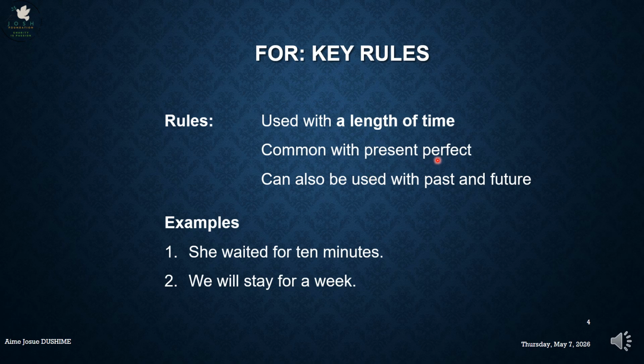It can also be used with past and even future, but it is more commonly used in present perfect when we are going to specify a length of time. She waited for 10 minutes. He will stay for a week.